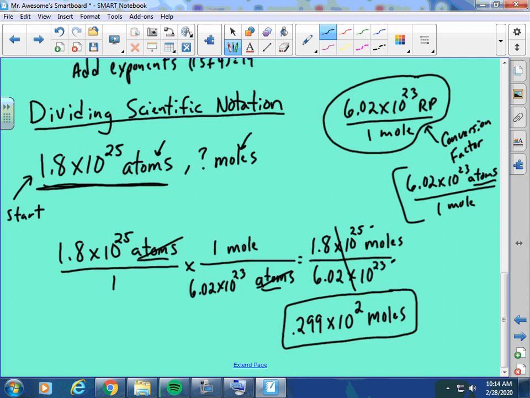I could switch that up, move the decimal 1 spot over to the right. But if I make the decimal 1 spot greater, then I got to compensate by making the exponent 1 less. So you could see it as that. Could even see it as 29.9 moles. Let's not worry about that right now.